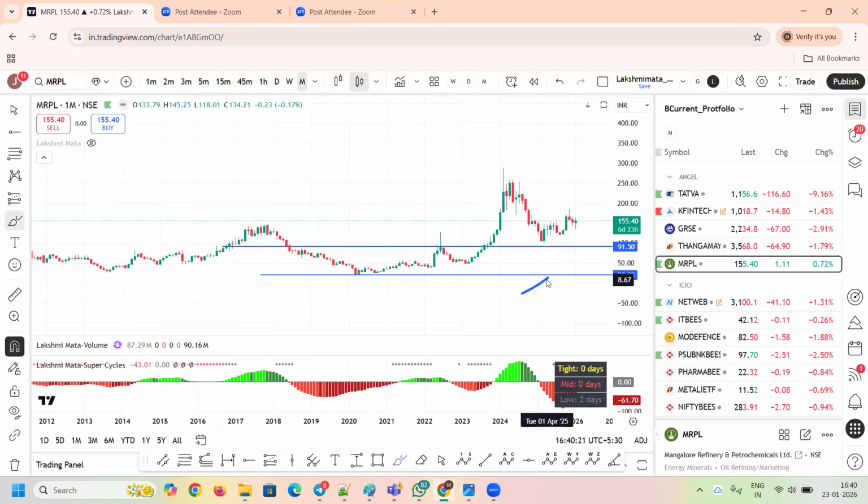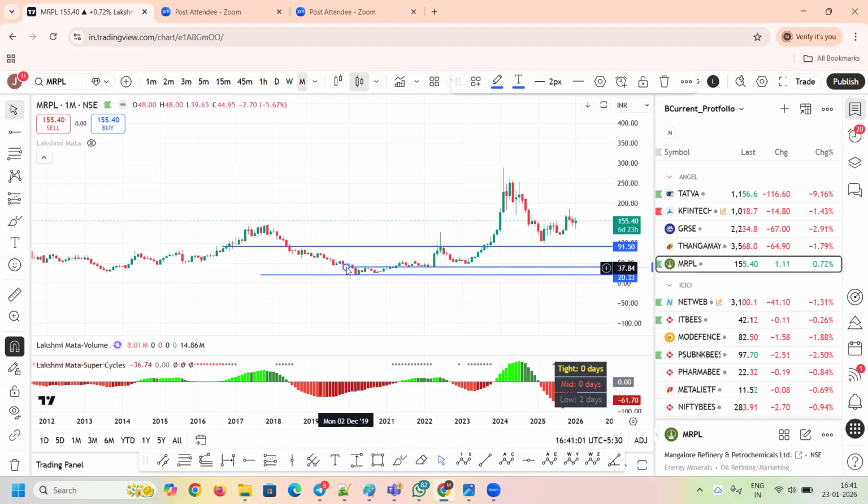Okay, so now let me move to another point: how we decide these support and resistance points. One is that the stock will struggle a lot to move down, so it seems people will prefer to enter somewhere near this point, keeping a very low stop loss.